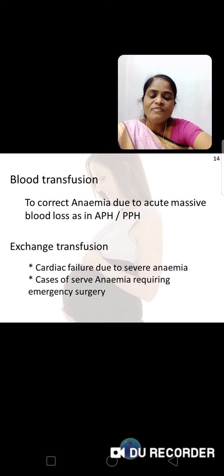Obviously in the inspection itself, the pallor, so we are the first messenger. We have to find out the anemia in pregnancy. So early identification. If the mother is having any breathlessness, hypoxia, palpitations, we are giving importance to the impaired gas exchange and these severe conditions.